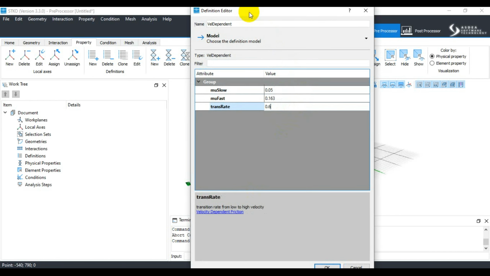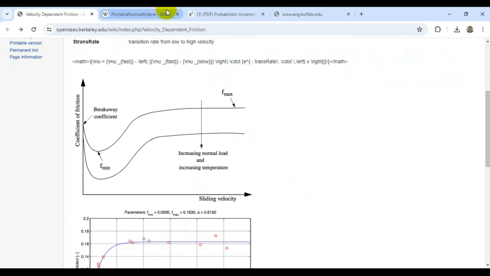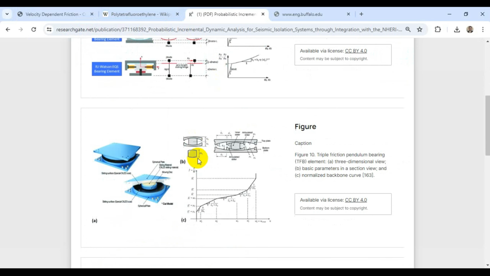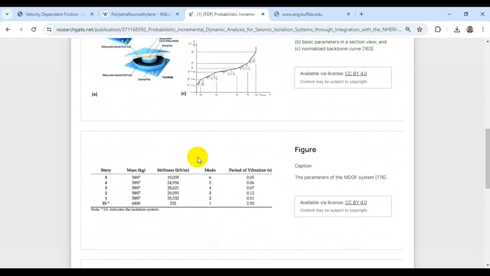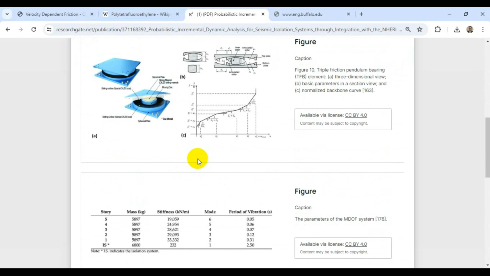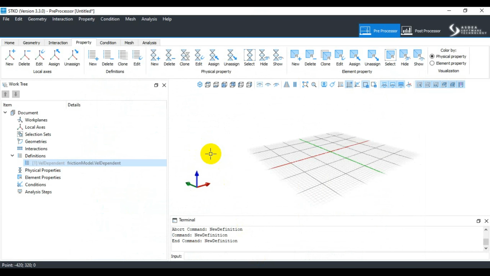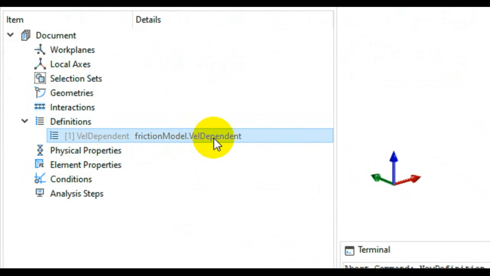If I define this model and click OK, I have this friction model, and this is discussed in a very detailed way in this research publication, in which they have simulated these bearings in this article here. So this is how we define the friction model that is velocity dependent here.